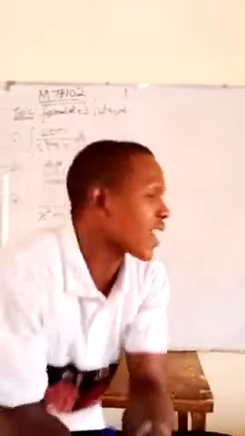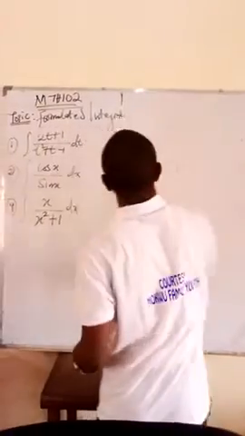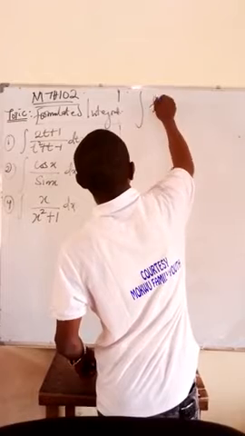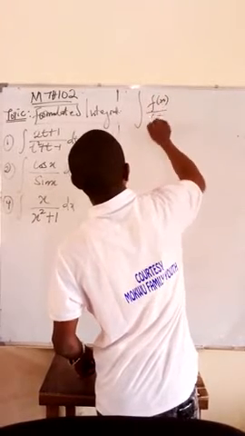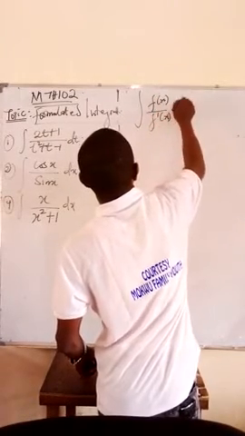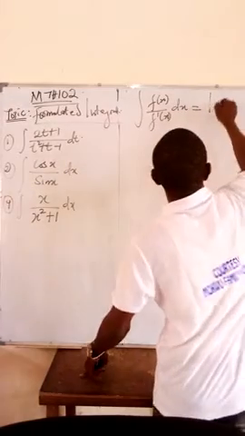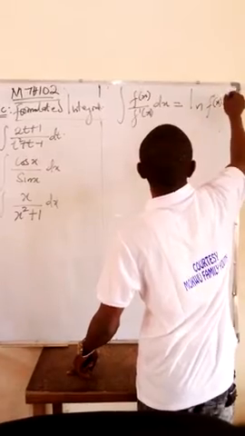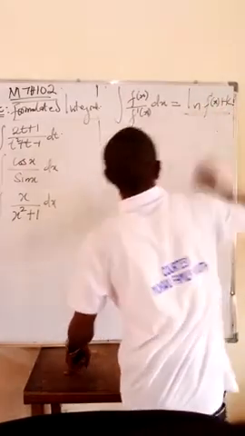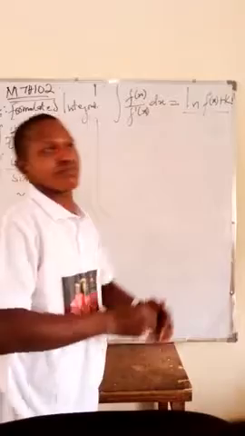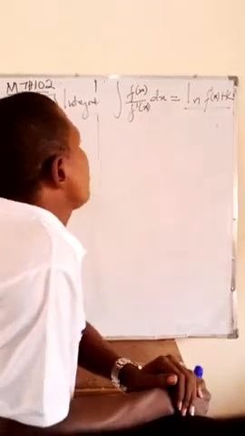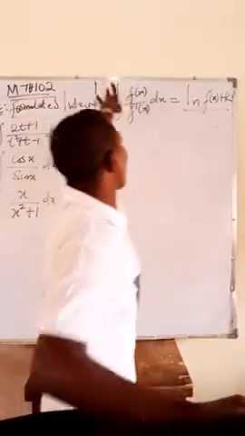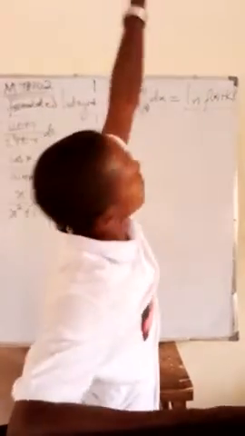Integral by form states that the integral of f prime of x over f of x dx is equal to ln f of x plus k. This is what they call integral by form.